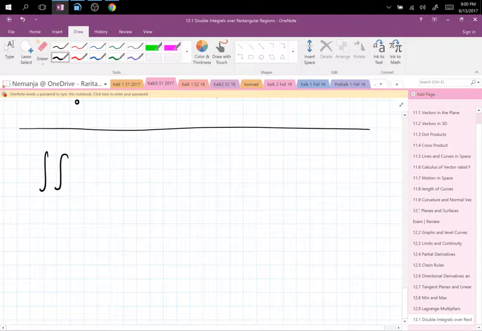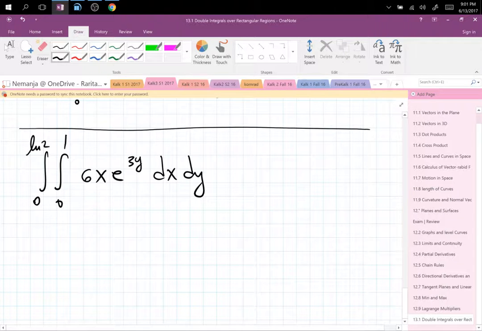Double integral 0 to ln 2, 0 to 1, 6x e to the 3y dx dy. When you see a double integral or triple integral, the first integral that you must solve is the one in the middle. There's always going to be one in the middle.